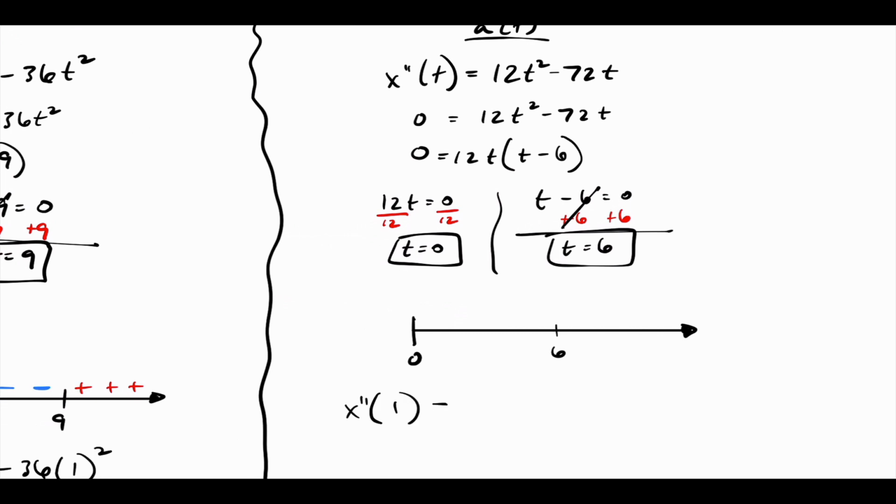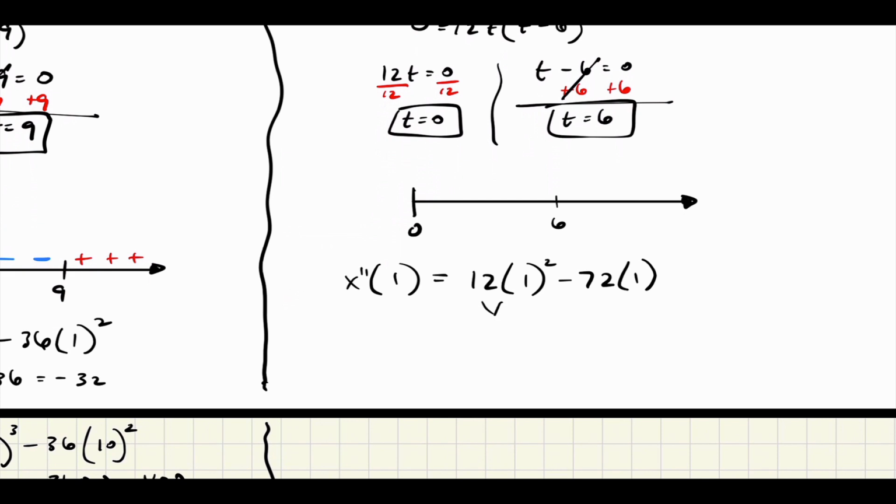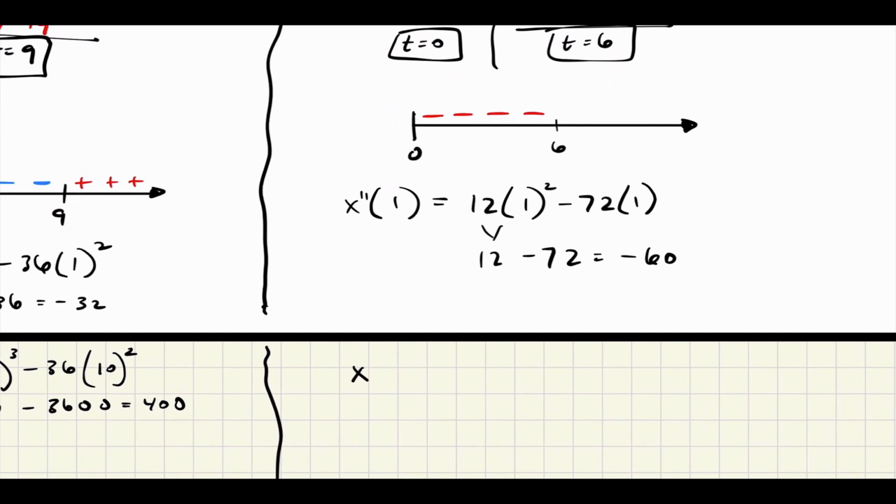So plug in 1. If I plug in 1 to the second derivative, I get negative 60. Plug in 7. You know what? I'm just going to use 10 again because 10's a nice round number.